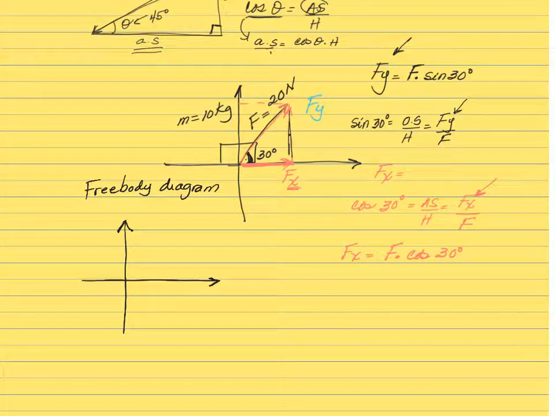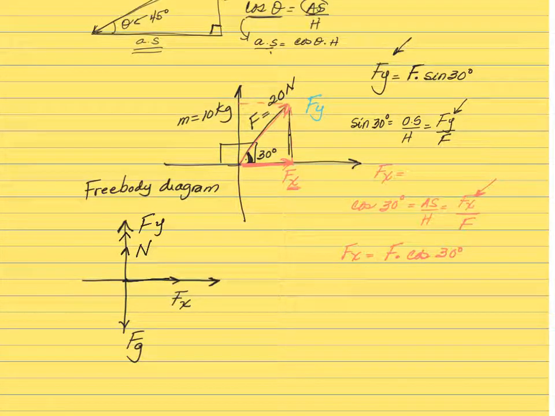Now I have a force that is acting on the x-axis. Now I have my gravity working this way. I have the normal up. And in addition to the normal, I have the component in the y-axis. See that? Now, what can you infer from the free body diagram?